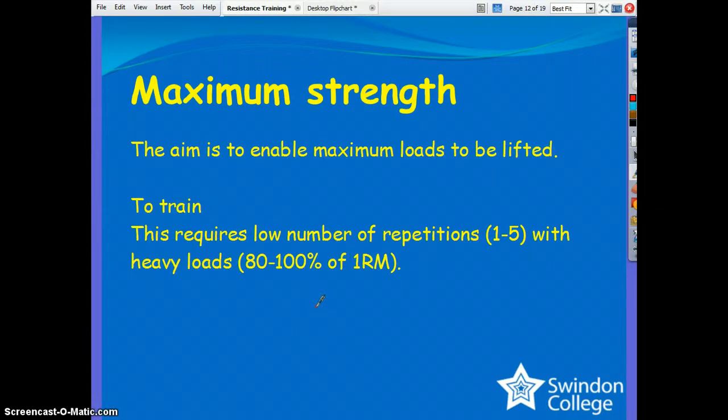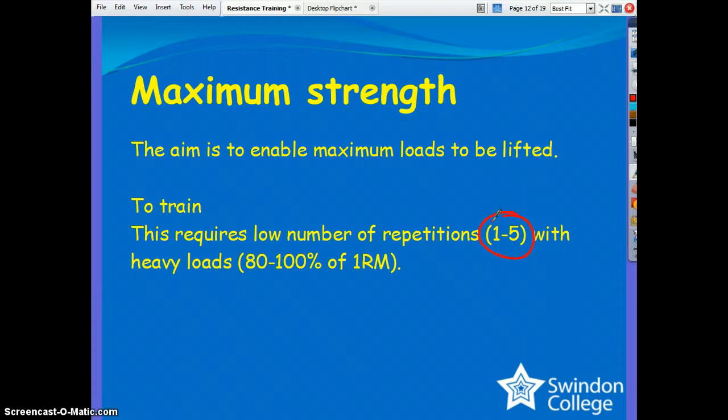Next is maximum strength. This is where we try and enable our body to lift the most amount of weight possible. Put the maximum loads on it. To train this, we would have a very low number of repetitions, so usually somewhere around 1 to 5, with very heavy loads of 80 to 100% of 1 rep max.